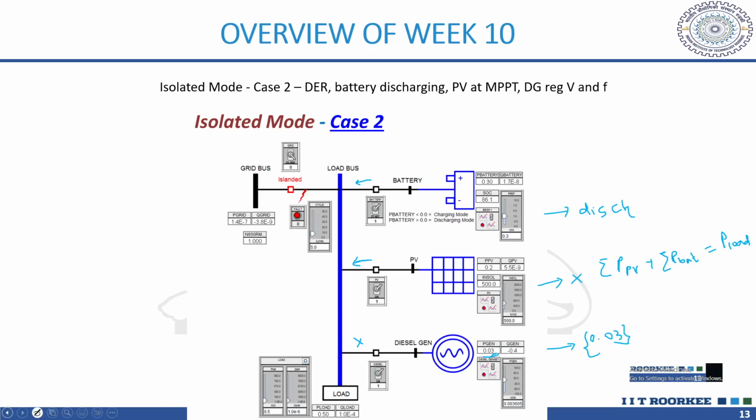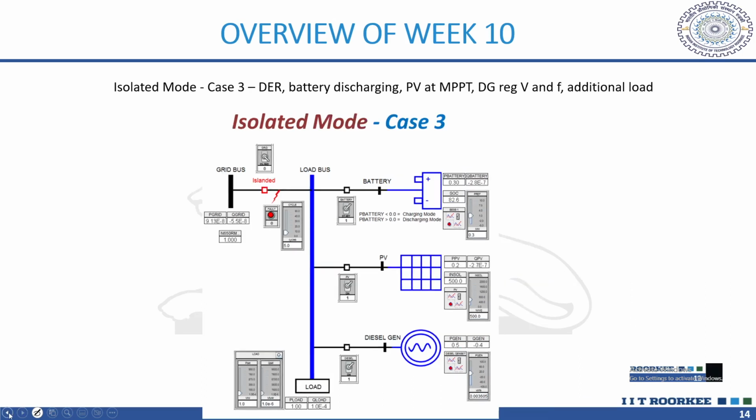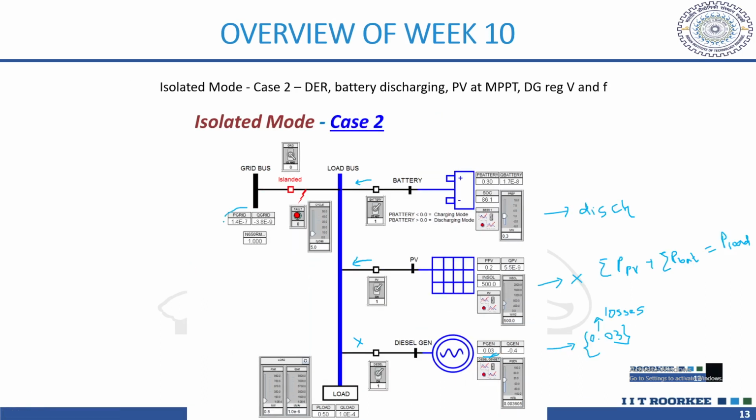Can you repeat? Some losses. So this is accounting for the losses in the system. And here you note from the grid, we are neither getting P nor getting Q.